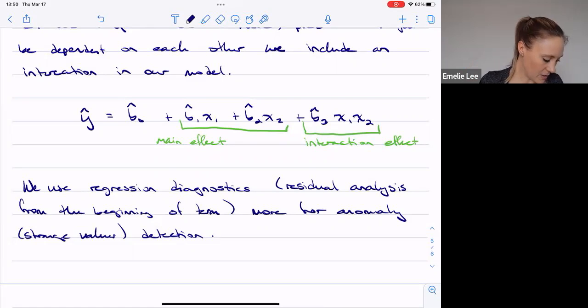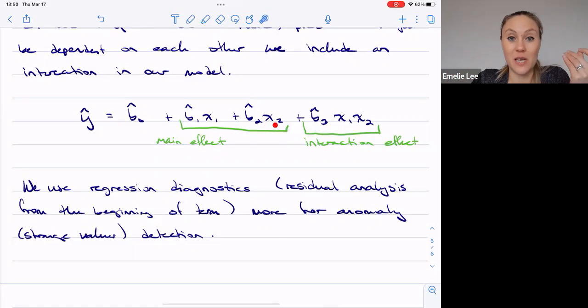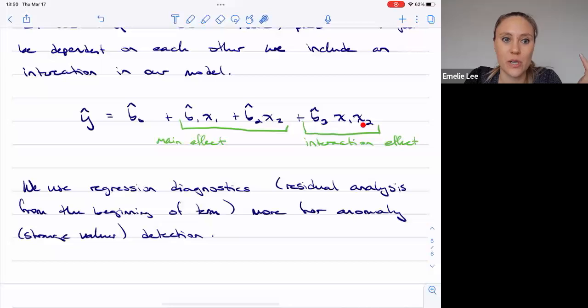Okay, and so the last thing I want to say, and I'll include it in the notes here, is what if we have a nonlinear relationship, right? We have a couple of different options. I could add, as well as, for example, x2 here, I could have x2 squared, right? Instead of x1 times x2, it's not too strange to think that maybe I have an x2 times x2 relationship.